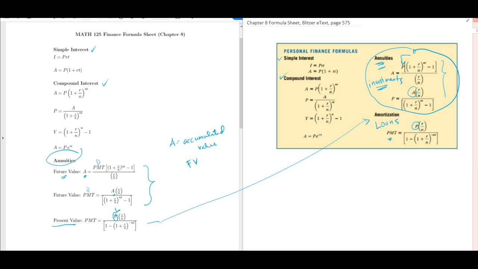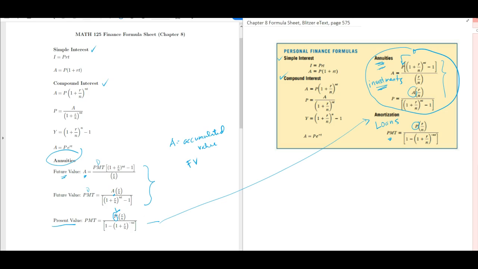And in understanding these problems, the strategy for choosing the right formula is determining the context of the narrative. Is it a loan? Is it an investment? And second, if it's either a loan or an investment, are multiple payments being made?